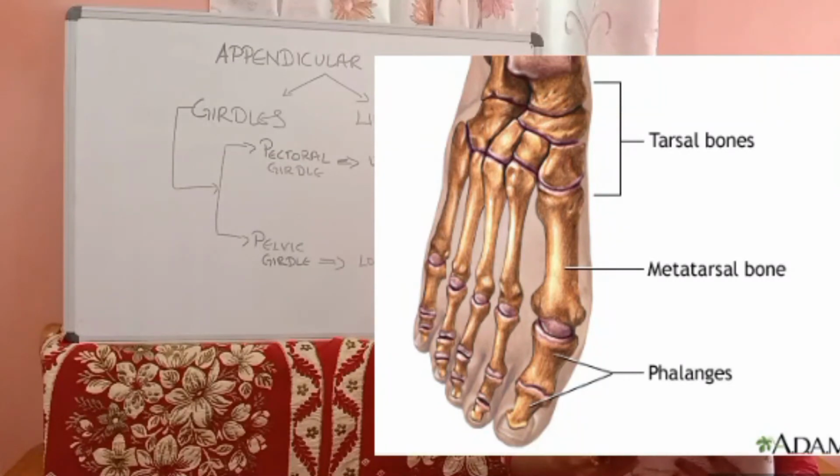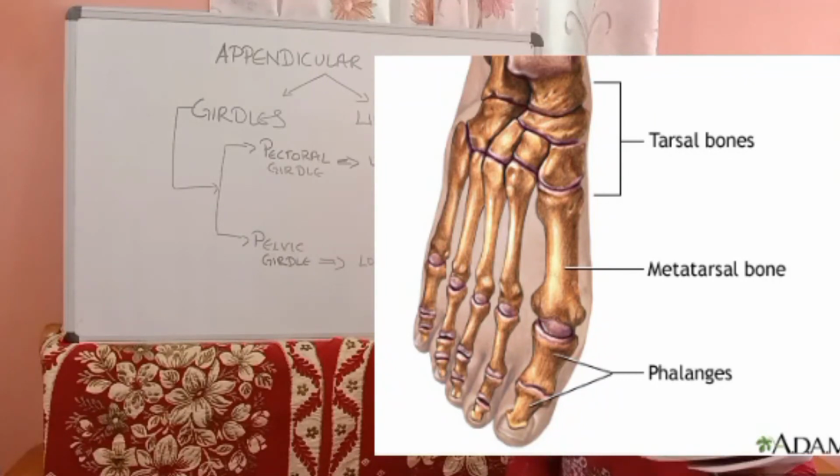The arc is formed partly by some of the tarsals, but mainly of long metatarsals. So the arc of your foot is made up of metatarsals which extend from the tarsals to your toes. The arc is modified to support the weight of your body.